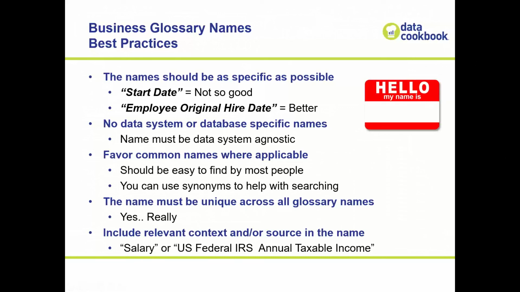You can have a definition for that, or context for that, that's around, say, base salary, or the base salary for a new employee or for a position. That's a very different number than your United States federal IRS annual taxable income, which has a whole bunch of logic and context to it. But someone might use these two terms interchangeably. So just including the context in the name creates that level of specificity.